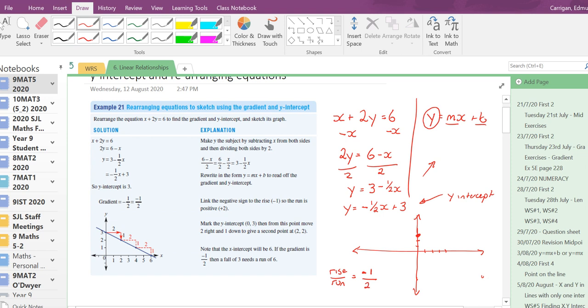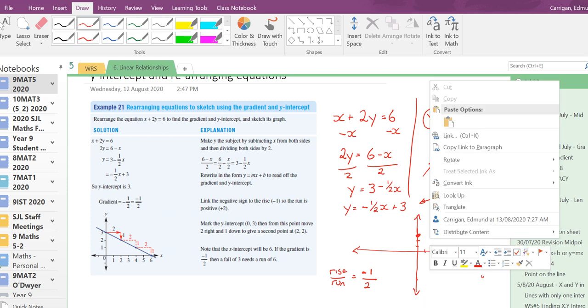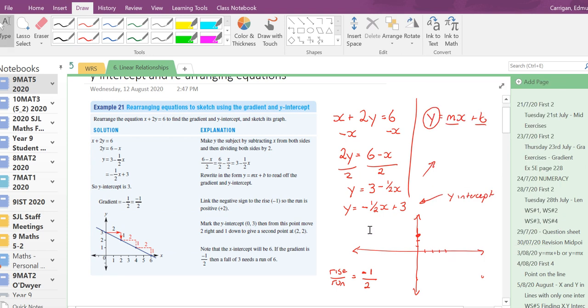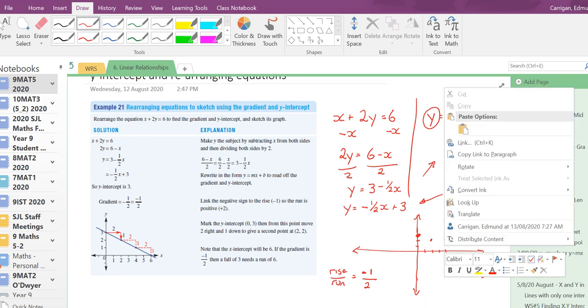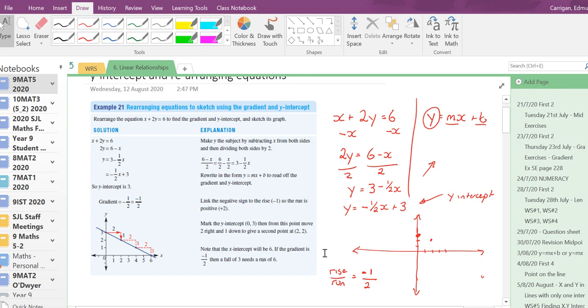We're going to start at this point, go across 2, and come down 1, because it's negative. Then we go across 2 and come down 1 again, because that's what this is saying. For every 2 run, we have a minus 1. Every 2 run, we're going negative 1 with our rise.